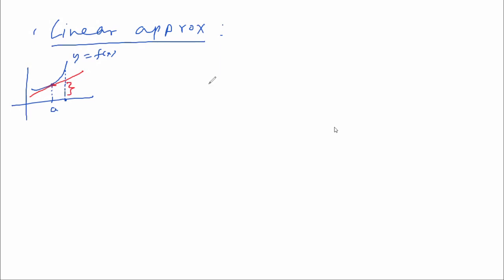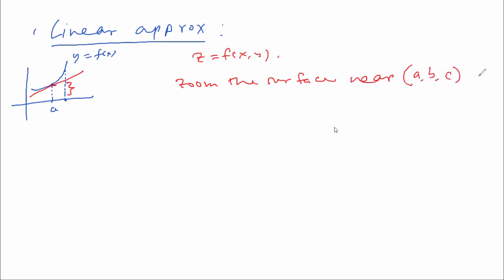Okay. So similarly, do it for two variable functions. If you have z equals f of x, y, and you zoom in on the surface near the point A, B, C, the surface looks like what? If you zoom really closely, any continuous surface would look like a plane, right?